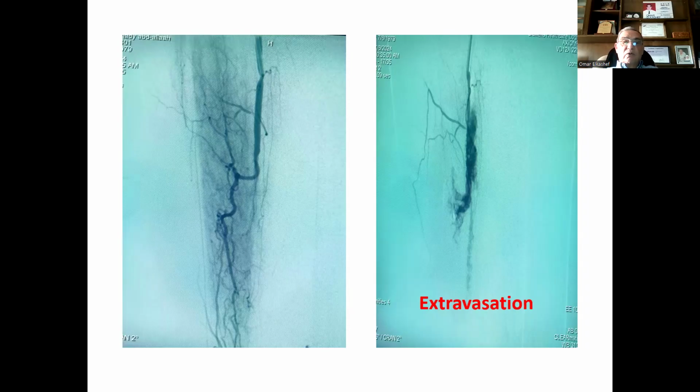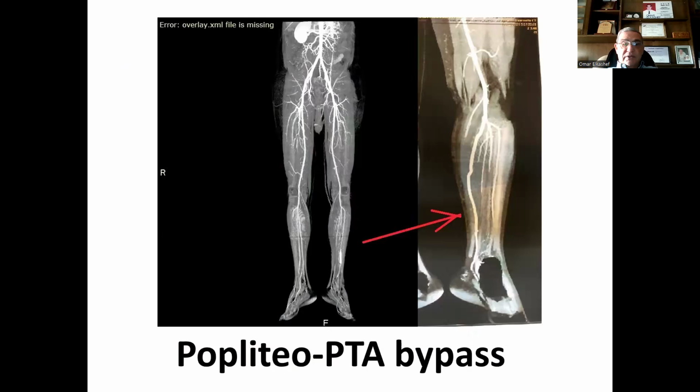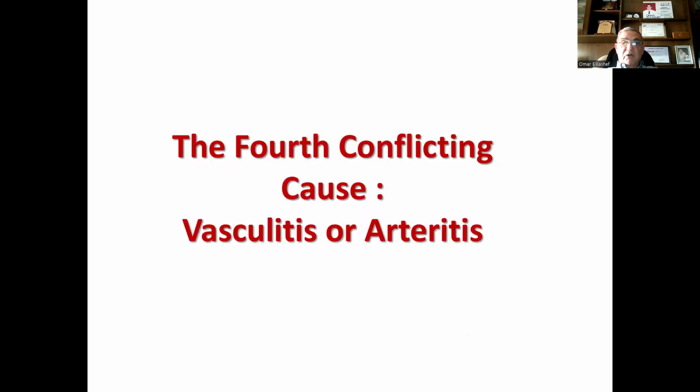Don't do that. So, popliteal-tibial bypass with saphenous vein is the most accurate treatment in this case. And this is the CTA after successful popliteal distal bypass.